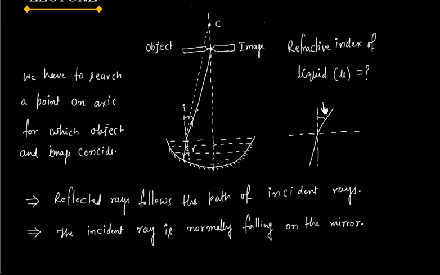So this angle is I and this angle is R. Now we are extending this line this side. So this angle is also equal to R, because these are opposite angles. And this angle will also be R, because this is an alternate angle.